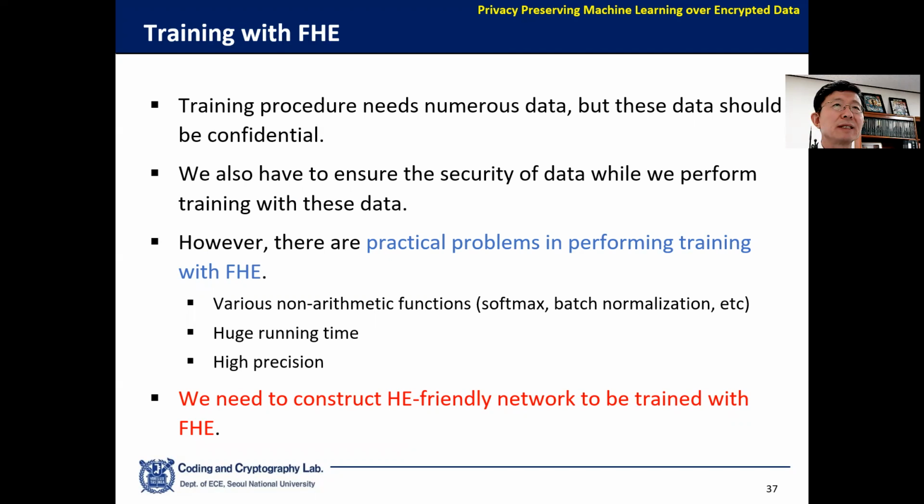The first one is there are various non-arithmetic functions in the crypto model, such as softmax, batch normalization, etc. And it requires lengthy learning time and high precision. So we need to construct an HE-friendly network to be trained with FHE.